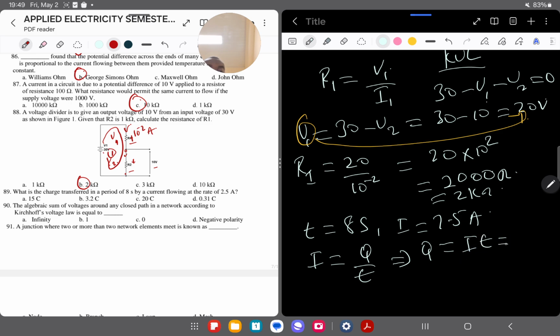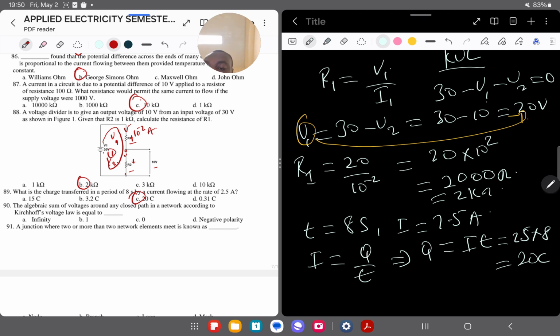The current is 2.5, time here is 8. So 2.5 times 8 gives us 20 coulombs, right? So the answer here is C.